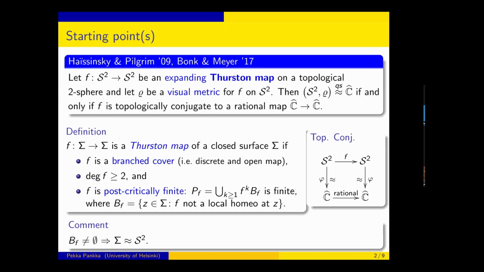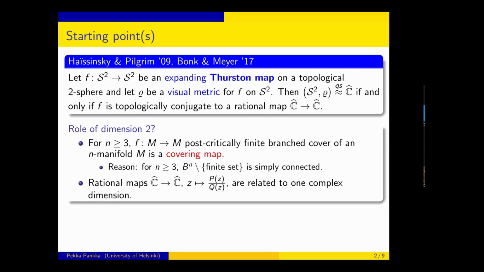If you allow that there is no branching, then you have a covering map, and the interesting cases are the torus, but let me not go there. Why I want to make the comment is that in this case the two-sphere is the right context.